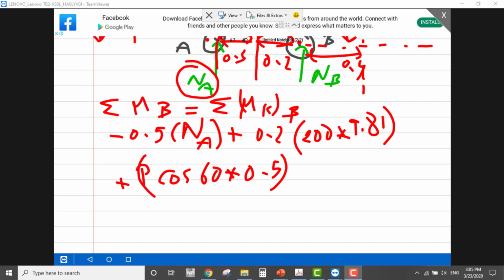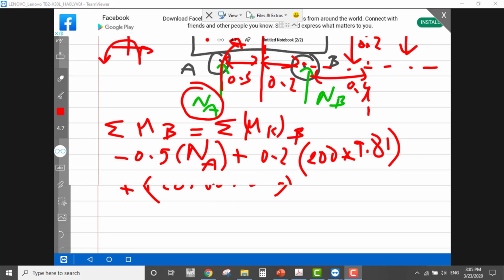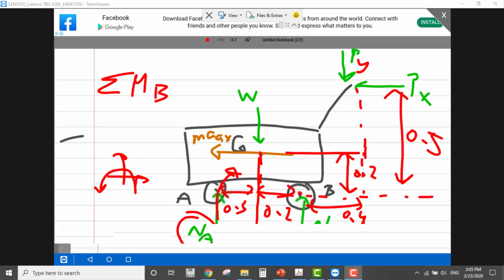Why is it positive? Because this is counterclockwise. Now By, this is the line of action of this force.